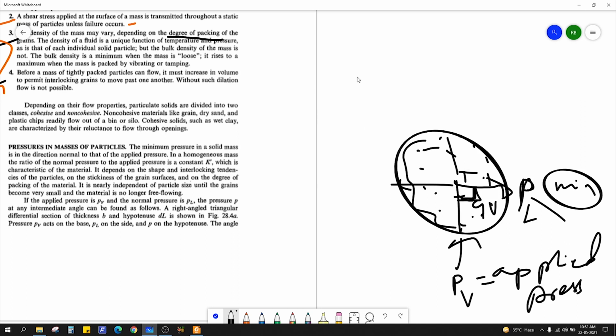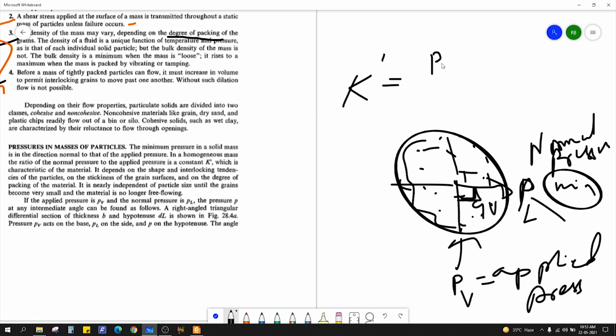I will define another term called K dash. This is the ratio of the normal pressure, the minimum pressure at 90 degrees, to the applied pressure. So PL is the normal pressure.